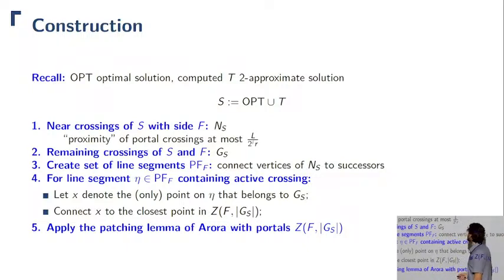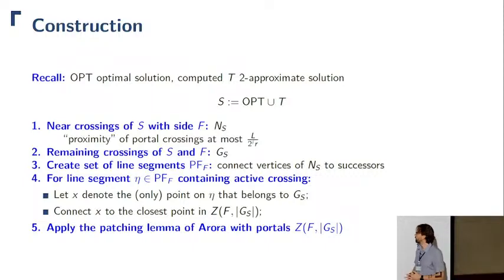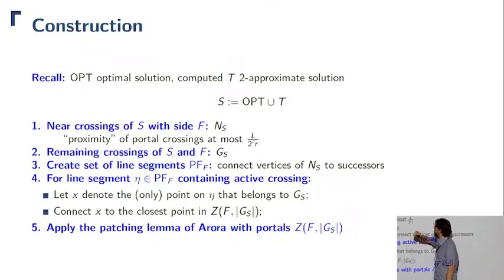Yes, then we use the concepts of Kisfaludi-Bak et al. They have a concept of near crossings and far crossings. Like NS are crossings where the proximity of portals is very close, then this crossing is in the set NS.